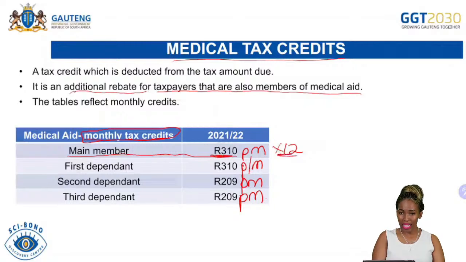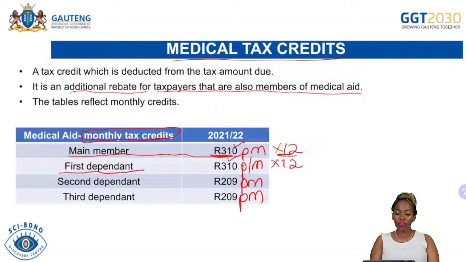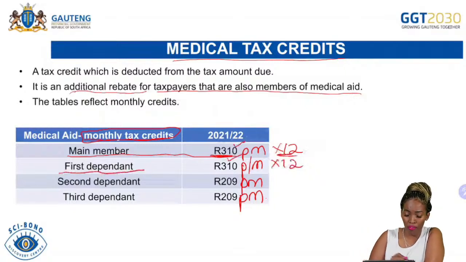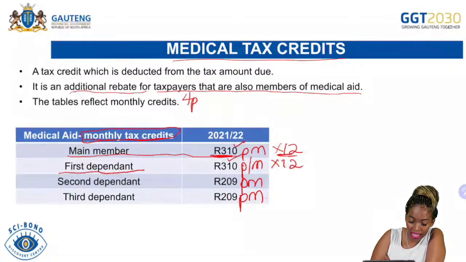To calculate my medical aid credit, you include my 310 times 12 plus my spouse, who is my first dependent. They will also get a discount of 310 multiplied by 12. Now say I have a spouse and 2 children, so we are calculating a discount for 4 people.